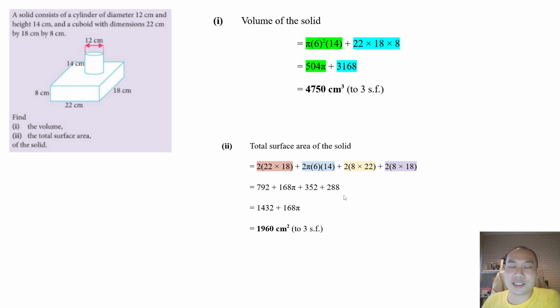When you are trying to work out the total surface area, the more complicated the diagram is, sometimes there are many parts. We just need to be mindful, careful. Don't rush. Examine the diagram carefully, look at it from all directions, and try to get all the necessary parts down. So you work it out, you'll get 1,960 square centimeters, rounded off to 3 significant figures.